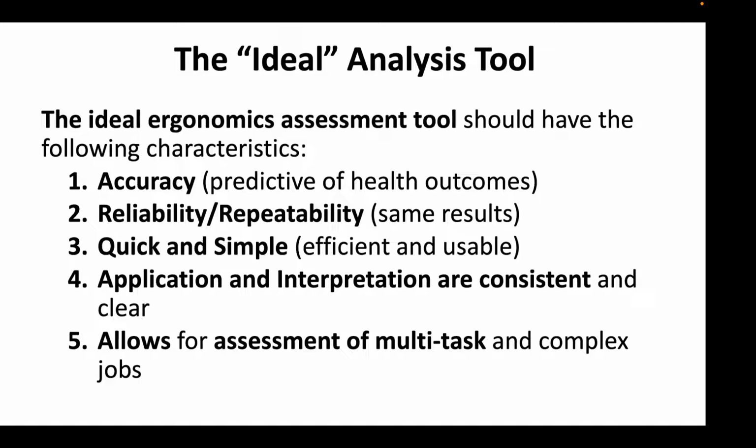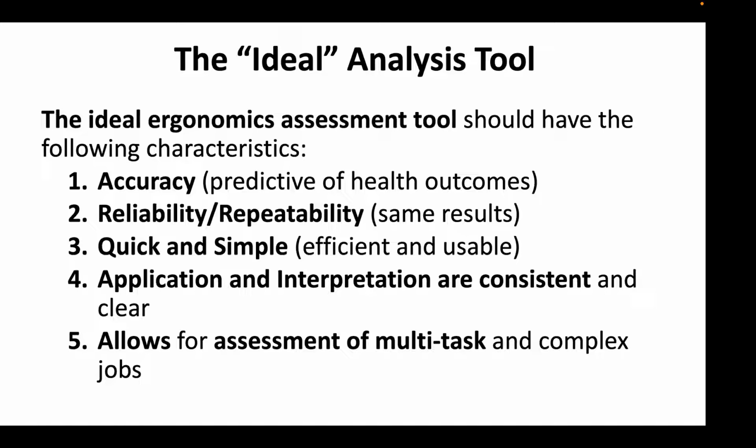Whereas if I have a quick screen, I might have 2 levels of a tool where I can do it in 5 minutes. And then that 5 minutes informs me whether I should dig deeper. That might be another approach. And we'll talk about some rules for tools and rules for applying those tools. So the application interpretation should be consistent and clear. What does a score mean? How do I interpret it?